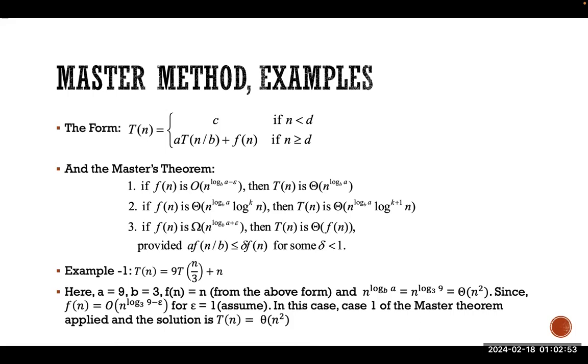I have to prove that f of n is order of n power log 9 minus epsilon to the base 3, for epsilon equal to 1, I'm assuming. So case one applies and satisfies the theorem.